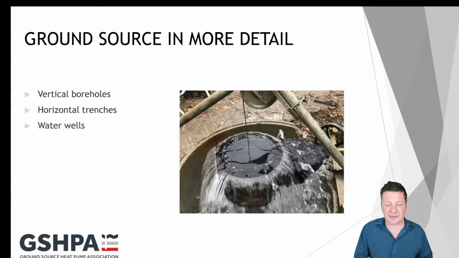We can also use water wells. Less common at the domestic scale, although it absolutely can be done and is done at the domestic scale. And water wells are holes drilled in the ground which we can pump water from. They are much bigger in construction terms than closed loop vertical boreholes, and they often require licensing.